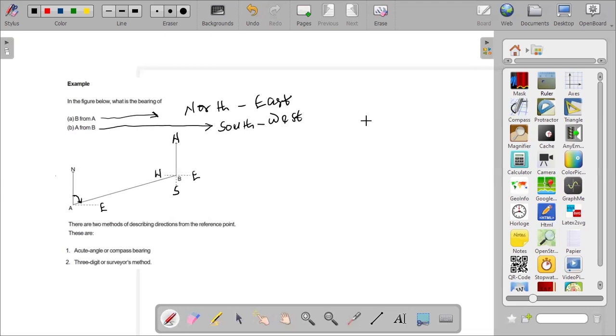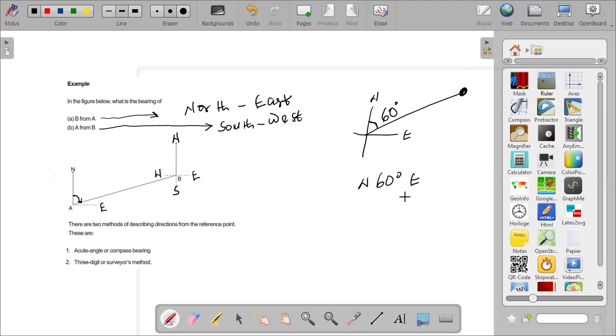So for example, if I have a point here, and the bearing of that point, from here to here, is 60 degrees, then reporting this in terms of acute angle or compass bearing, we can write this as 60 degree. Now this is north and this is east, 60 degree northeast.